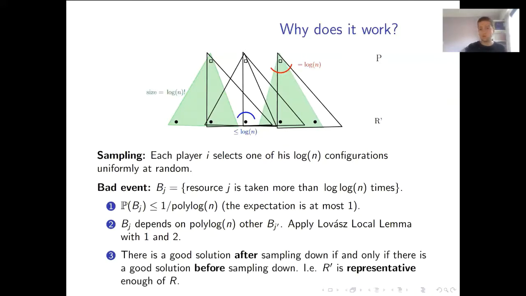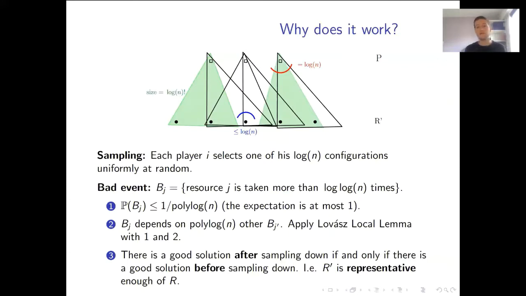So now we have a good solution with respect to this resource set R prime, which is the smaller resource set. And one crucial step is that we can show there's a good solution after sampling down if and only if there's a good solution before sampling down. So in a way, R prime is representative enough of R, the bigger resource set. And why is that?